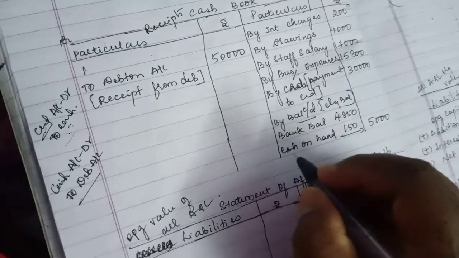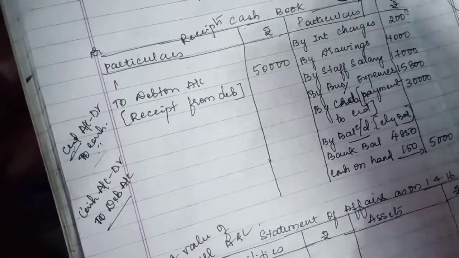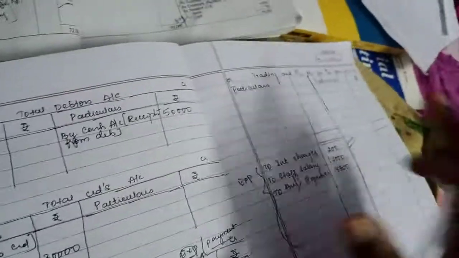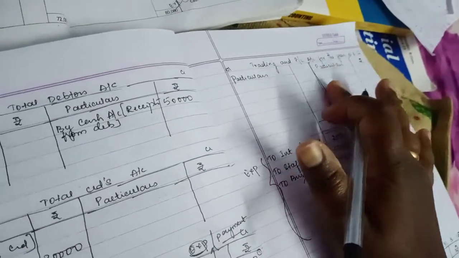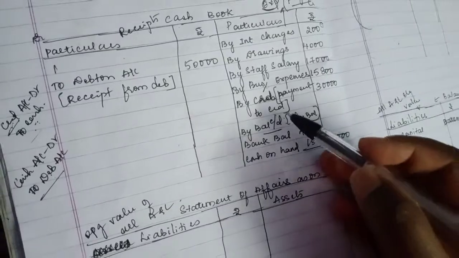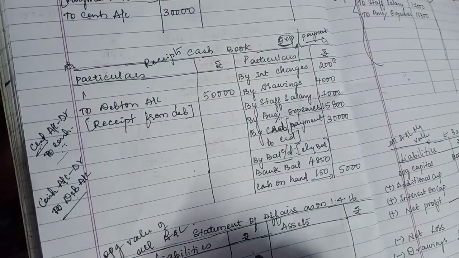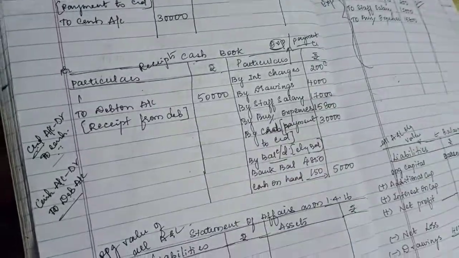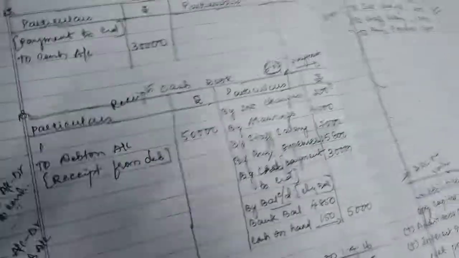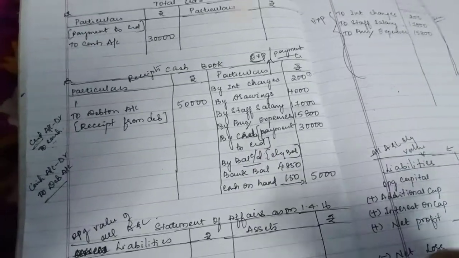Next you have cash sales. So cash sale, once I'm going to mention in the cash account. Second time I'll mention it in the trading account. Yesterday I taught you, right? In trading account, we wrote cash sale, credit sale and all. So same thing here. It will go to the cash book, and where it will come, to side or by side is the question. Cash sale. What is the meaning of a cash sale? You have sold something and you have received the cash.